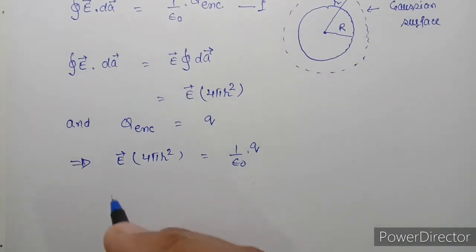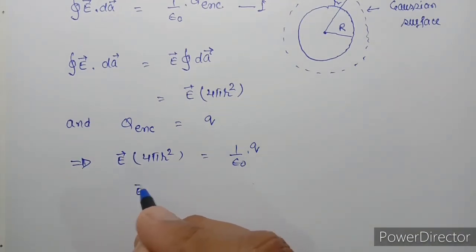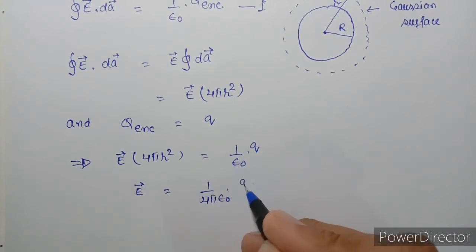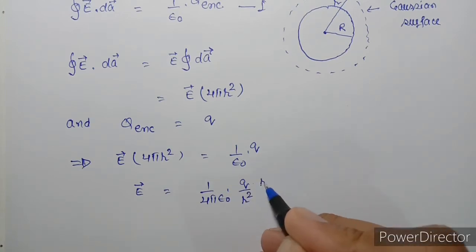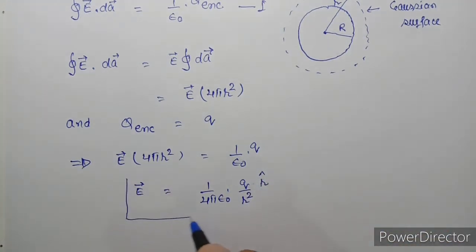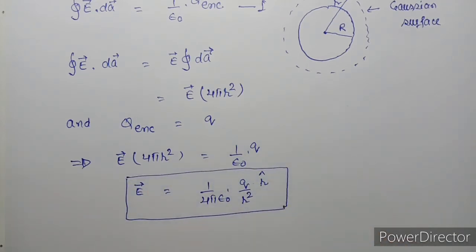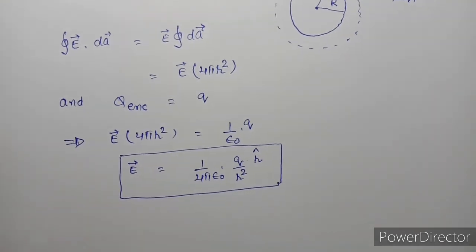Or we can write E vector is equal to 1 over 4 pi epsilon naught into q over r square, and because this is a vector quantity, we write r cap here also. So the electric field is 1 over 4 pi epsilon naught into q over r square into r cap.